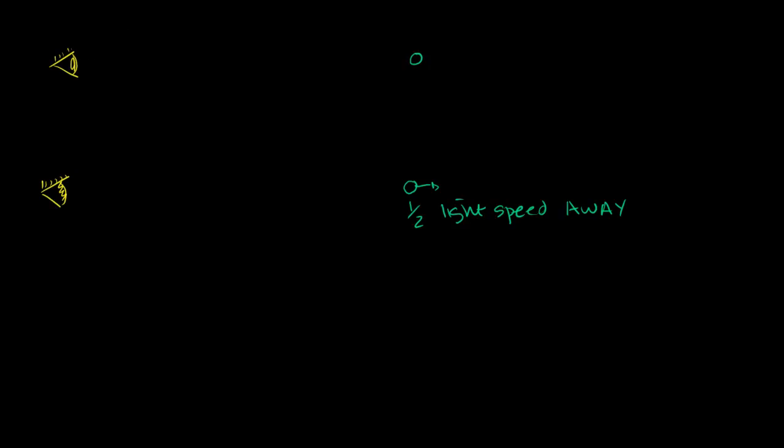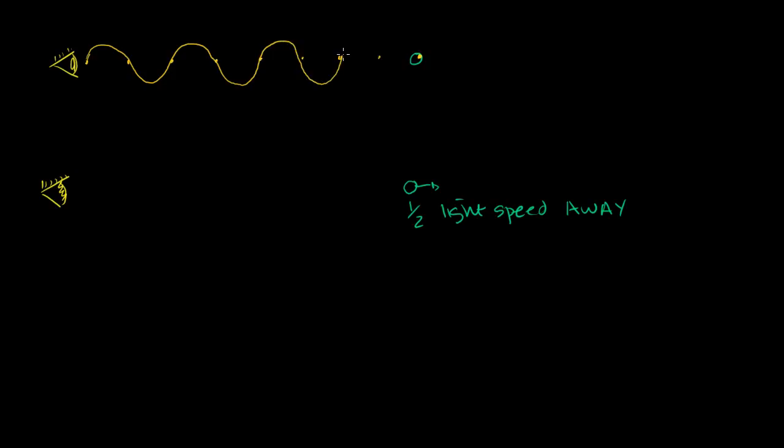I'll try my best to draw it. Let's say I want to draw a couple of wavelengths here. That's half a wavelength. That's a full wavelength. Another half, a full wavelength, another half, a full wavelength. So let me see if I can draw that. It would look like full wavelength, full wavelength, full wavelength.